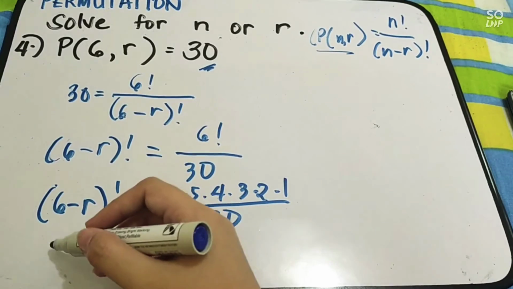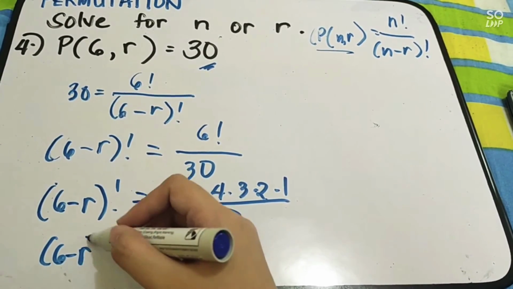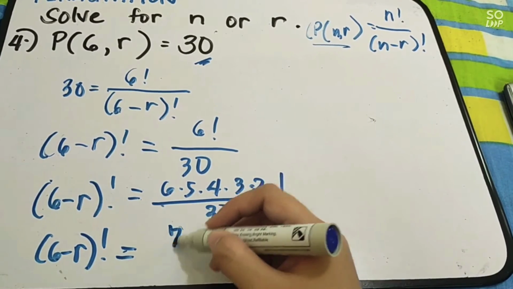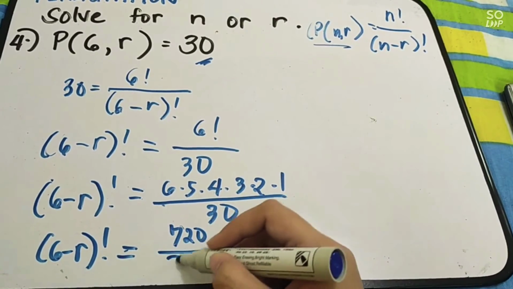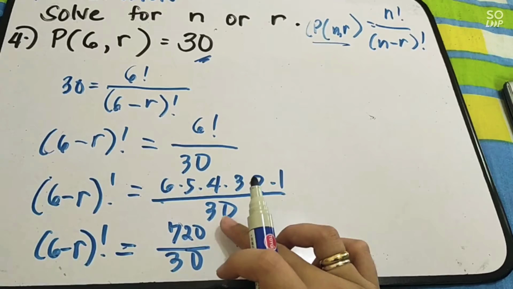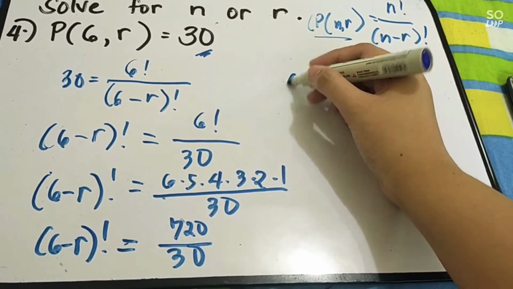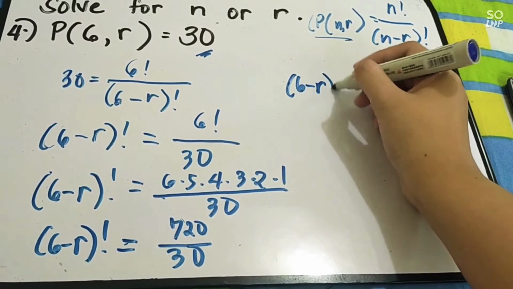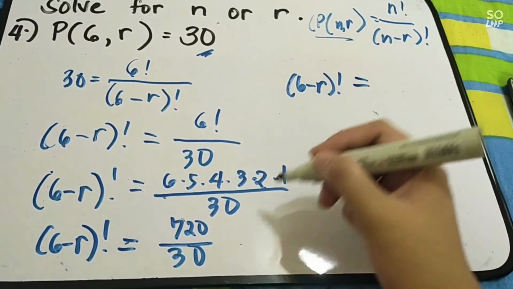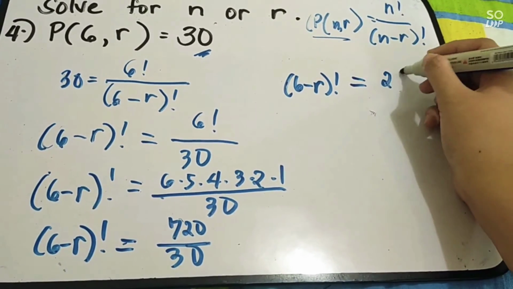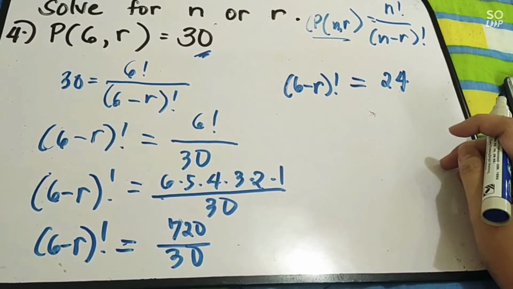If you multiply this one, the answer is 720 divided by 30. Then, simplify 720 divided by 30. So, we have 6 minus R factorial is equal to 720 divided by 30. The answer is 24. Yan na.